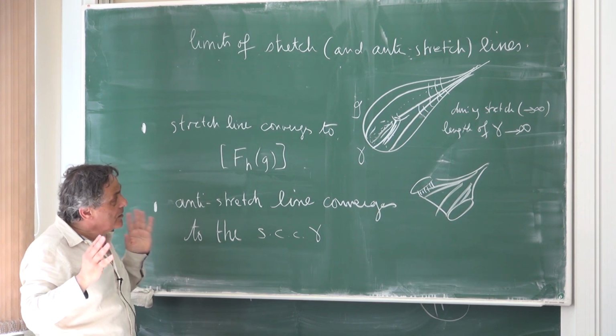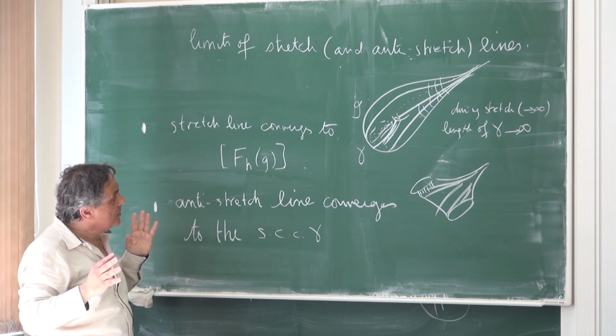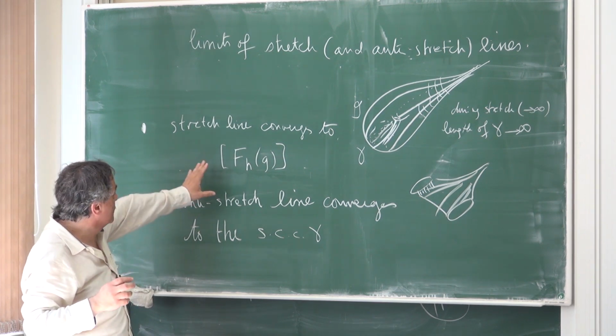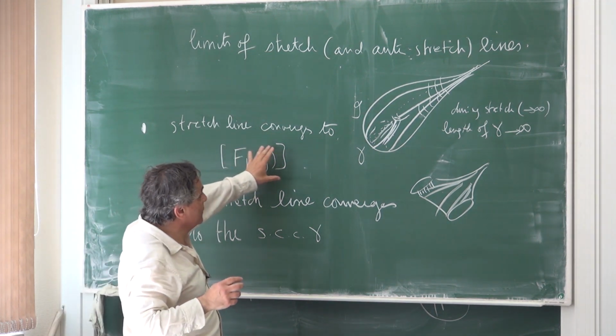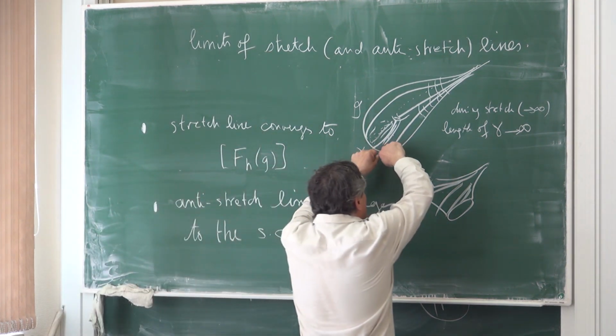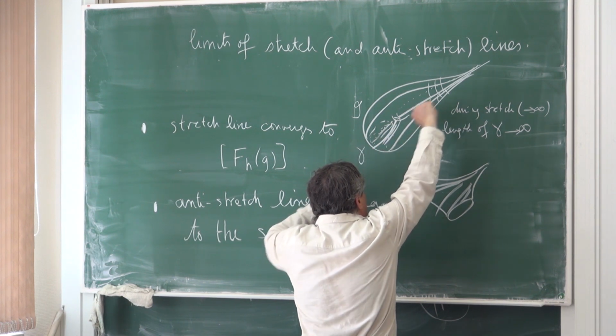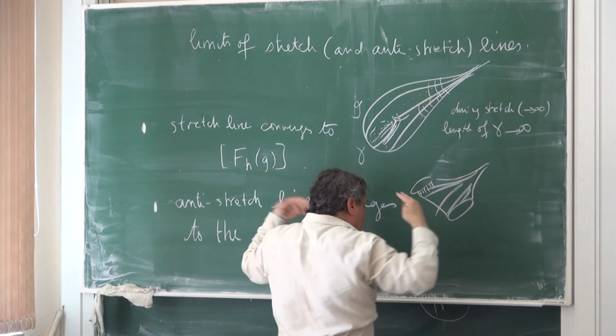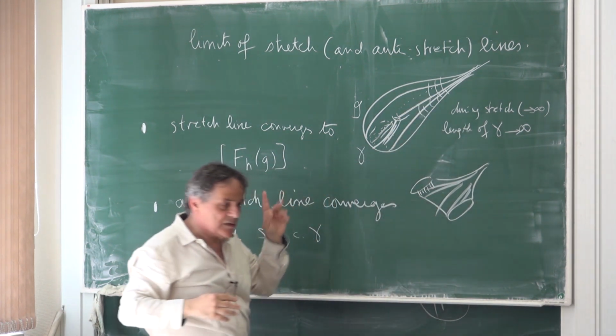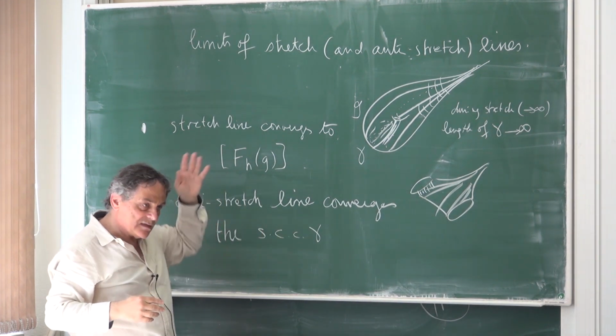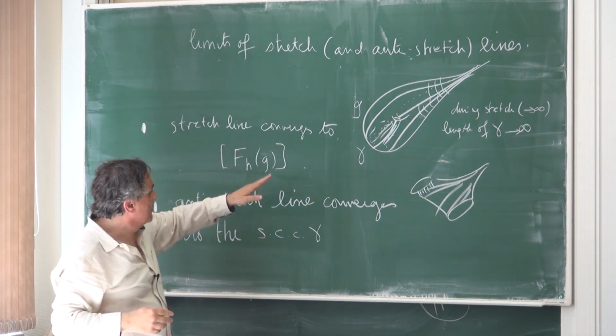So the only thing I want to mention is that you should not confuse this: even though the length of this curve is going to infinity, the hyperbolic structure is not converging to this curve as an element of the boundary of the Teichmüller space.